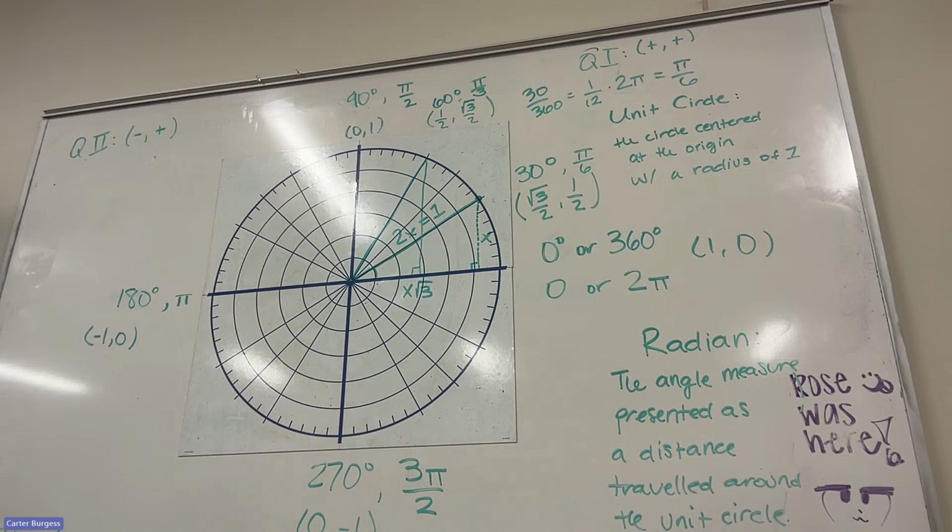Let's do 45, 45, 90 as well. So we said that this was x, this was x, this was x root 2. Similar logic, what does x root 2 need to equal? This is just equal to 1.